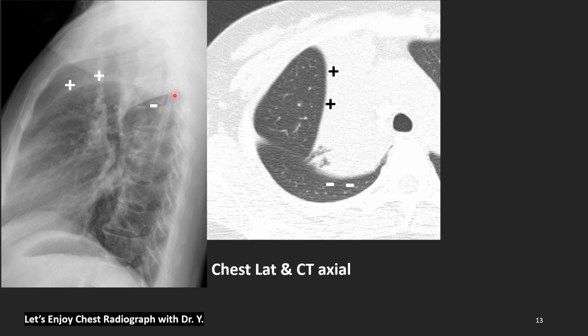A little bulging here. So these are positive Mach band and negative Mach band. If we see this axial image, we can understand it as positive Mach band here at the minor fissure and negative Mach band at the major fissure.